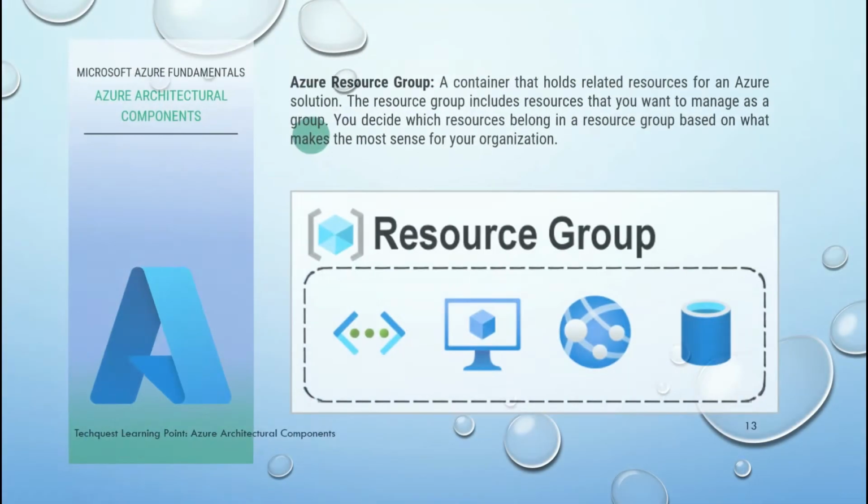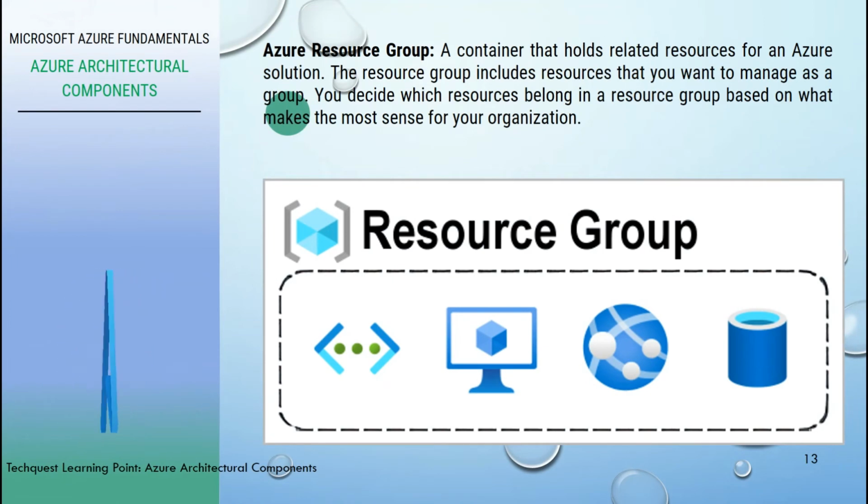Azure Resource Group, a container that holds related resources for an Azure solution. The resource group includes resources that you want to manage as a group. You decide which resources belong in a resource group based on what makes the most sense for your organization.